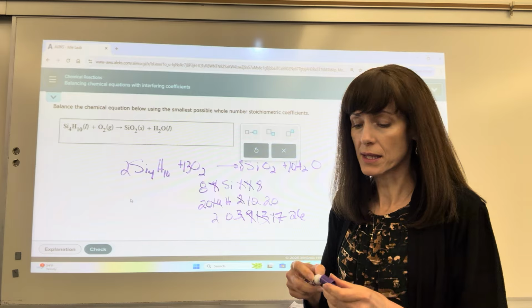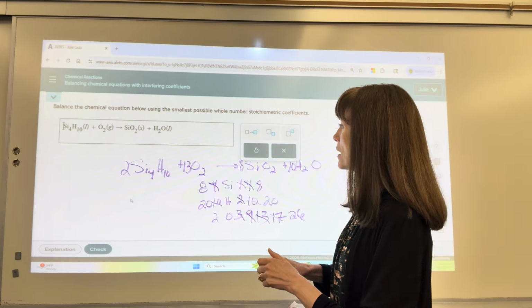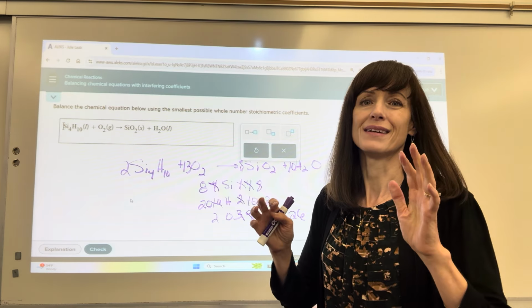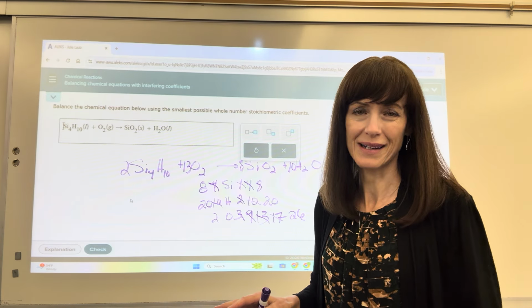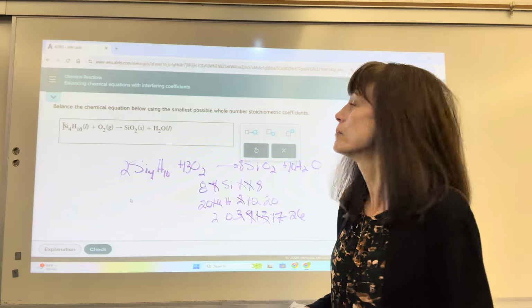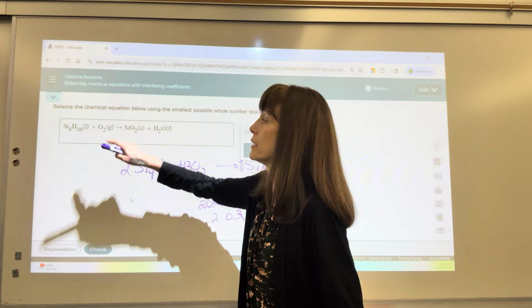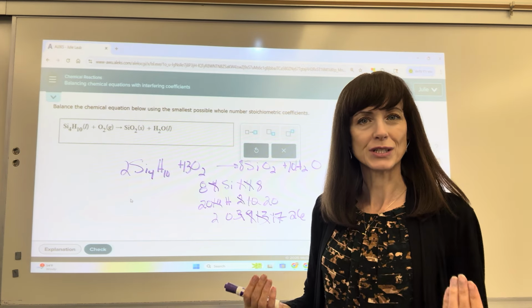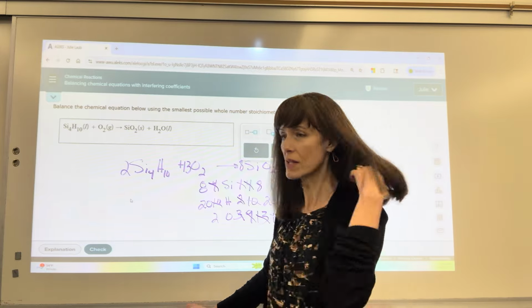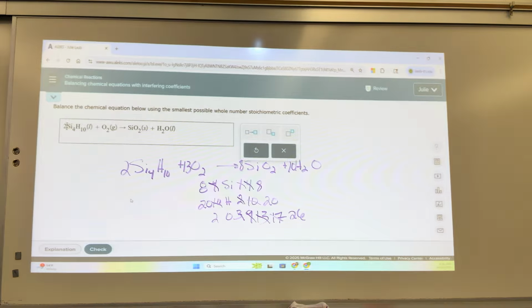Now, typing this in, let me show you. If you ever have a compound that the coefficient's 1, you don't put anything in front of it, it's understood to be a 1, you don't have to put a 1 here. You just leave it blank, it's understood to be a coefficient of 1. Let's type this in. So we had 2 of the Si4H10, and then we have 13 oxygen.